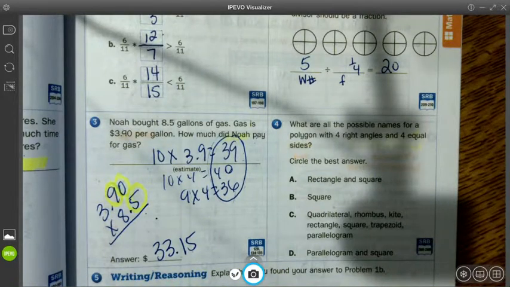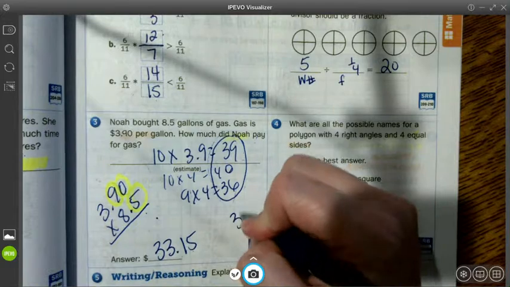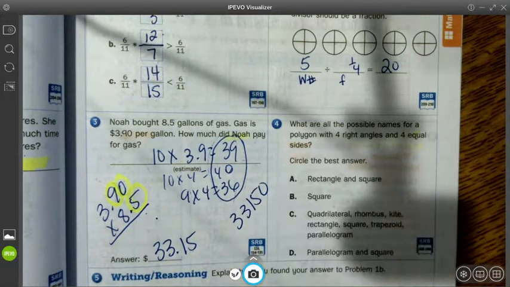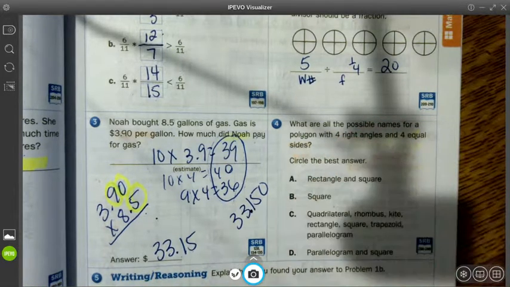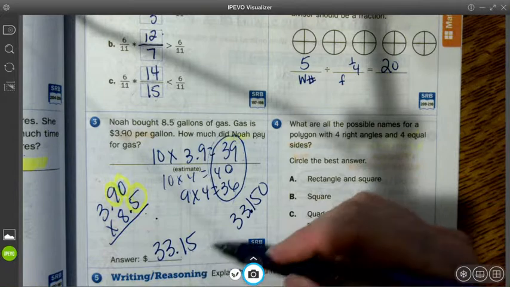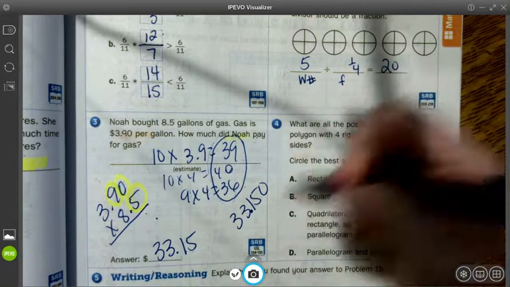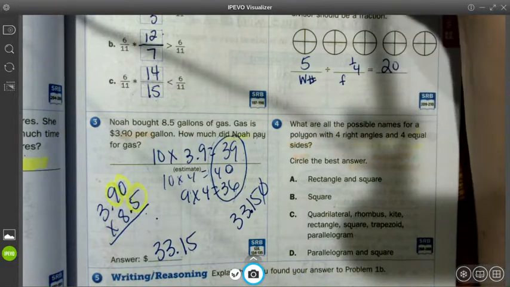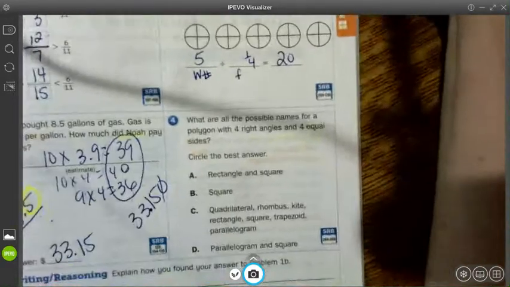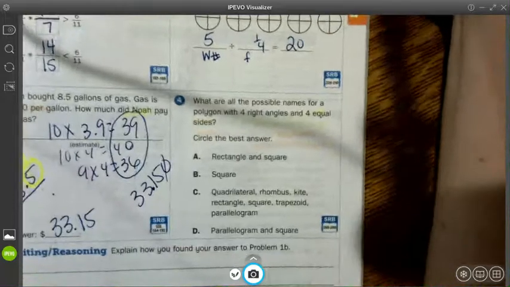So if you got this at the end when you did your multiplication, you would come over here and go 1, 2, 3, and that's where your decimal went. But since it's money and that 0 at the end adds no value anyways, you just knock that off and write your answers like that. Okay, hopefully you were able to come to that solution.